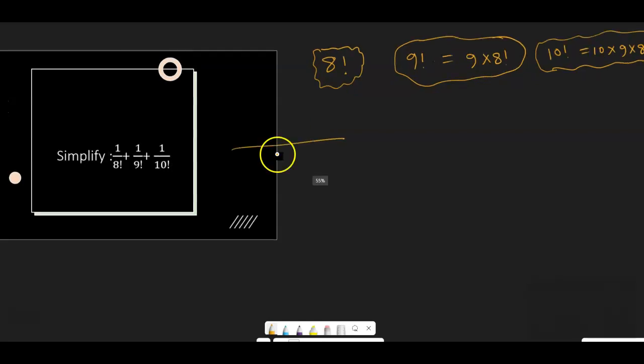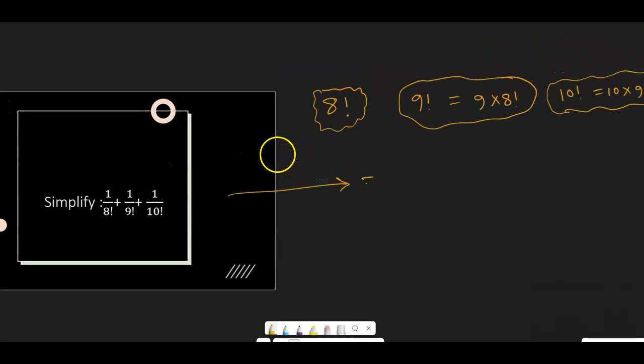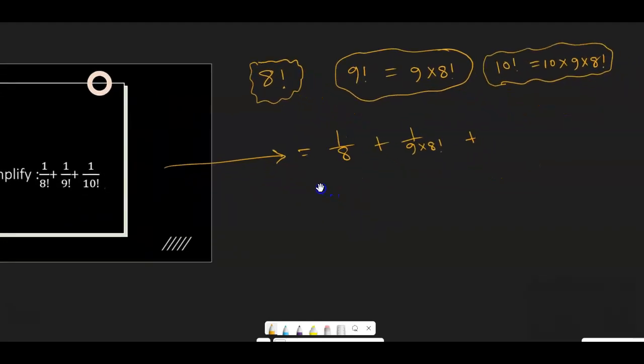This expression is going to be equal to 1 by factorial 8, 9 into 8 factorial, and this one was 1 by... so take 1 by 8 factorial as common.